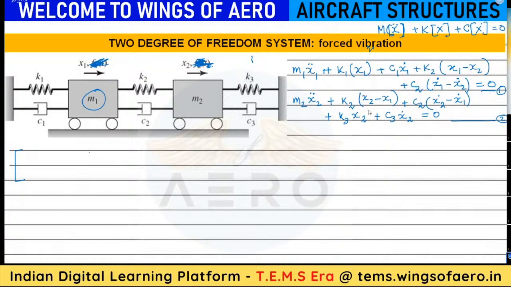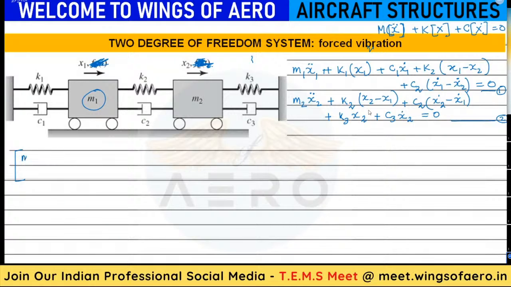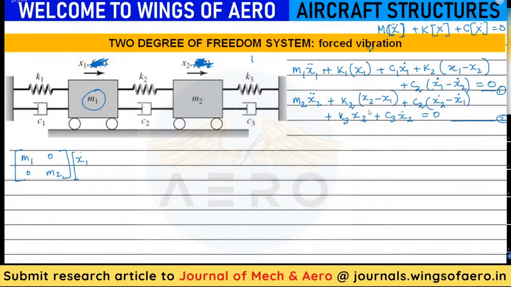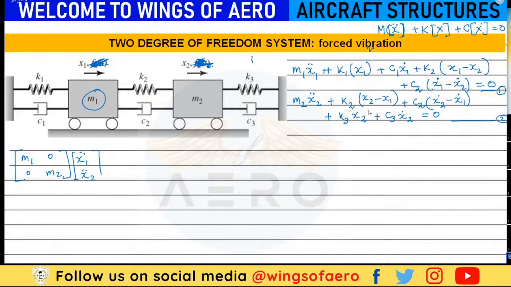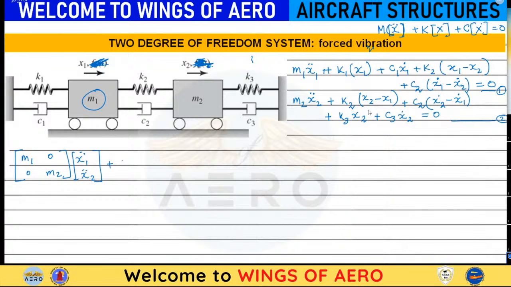So m1 0 0 m2, times x1 double dot, x2 double dot, plus next k.